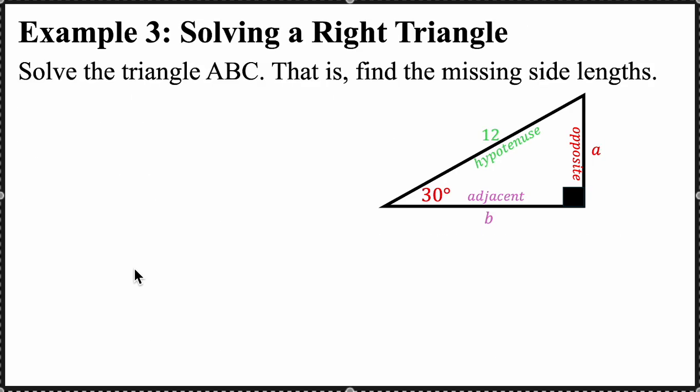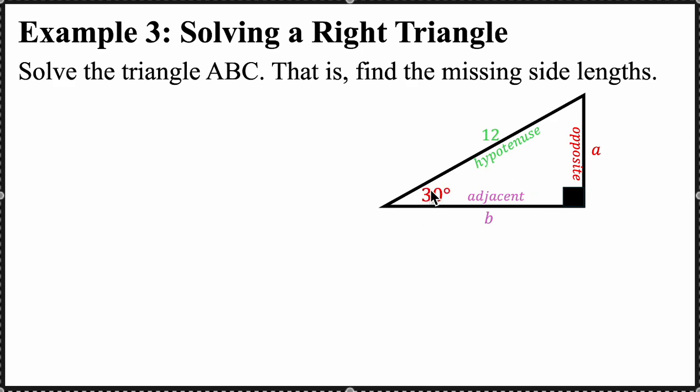Example 3 is, what if you're given one angle and one side? Well, in this case, what we're going to do is apply one of those 6 trig functions, and mainly the 3 functions, sine, cosine, and tangent, are what we're going to use.